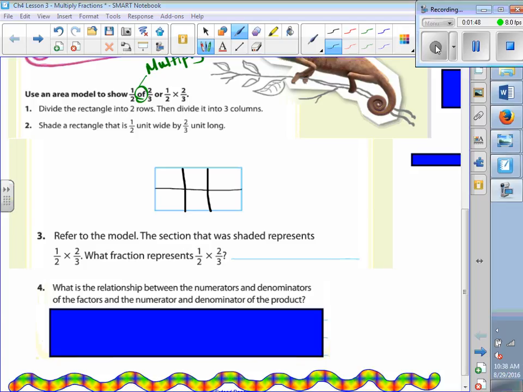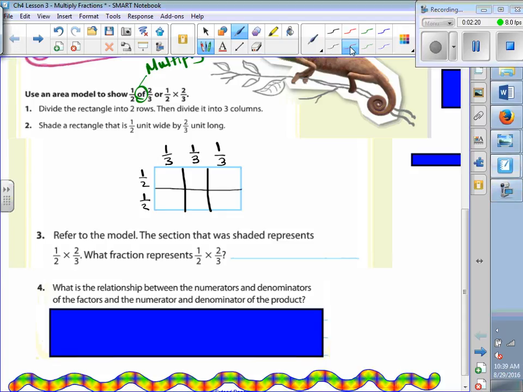Now we want to shade the rectangle that is 1/2 a unit wide by 2/3 a unit long. So if this is 1/2 and 1/2, then we're just going to shade one of those, right? Yes. And then 2/3 is how many of these? 2. 2 of those.